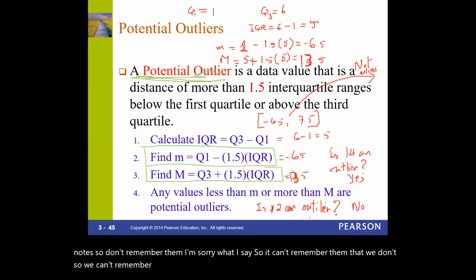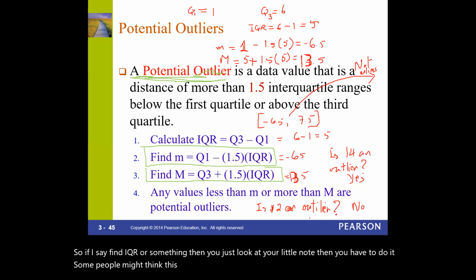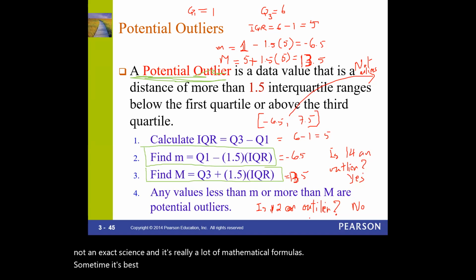If I say find the IQR or something, then you just look at the note and do it. Some people might think this is cheating. No, this is not cheating, because statistics is not an exact science, and it's dealing with a lot of mathematical formulas. Sometimes it's best to use a little bit of notes.